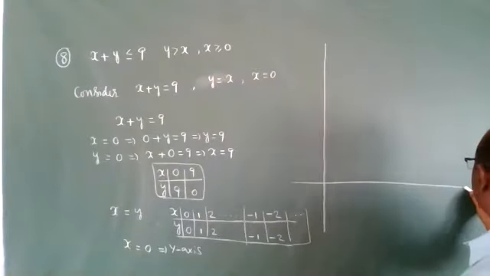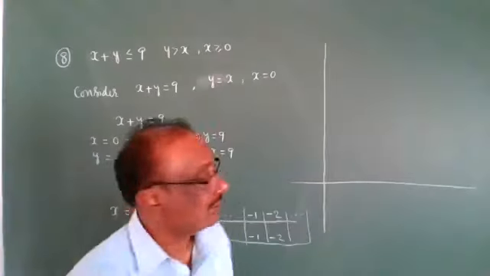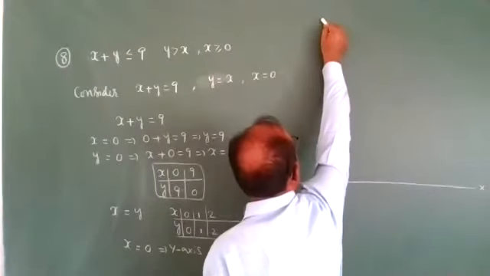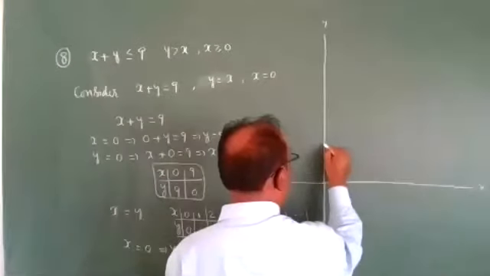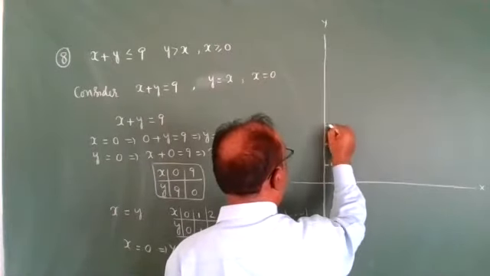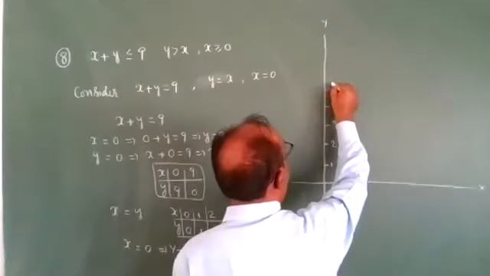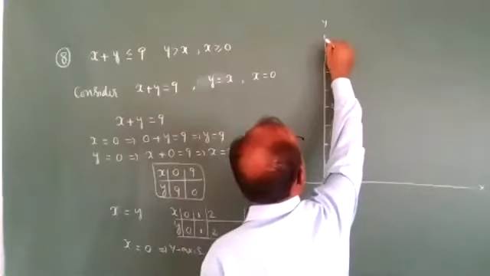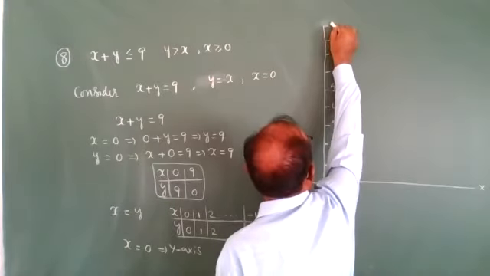Here x is up to 9, okay? X is up to 9. Y also up to 9. Y is 1, 2, 3, 4, 5, 6, 7, 8, and one more point, that is 9.